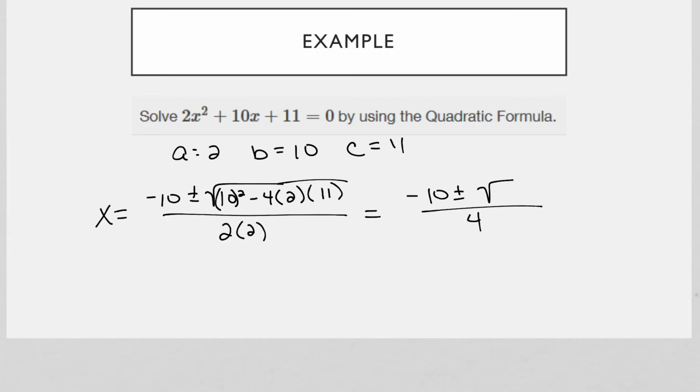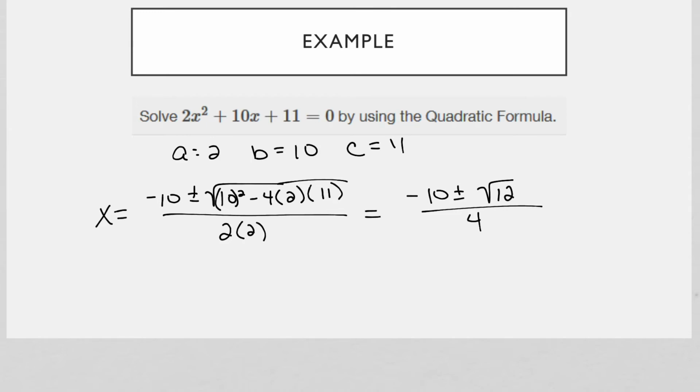And on my calculator, I am typing in parenthesis 10, close parenthesis, square that baby, minus 4, open parenthesis, times 2, close parenthesis, open parenthesis, 11. Enter. And I get 12.